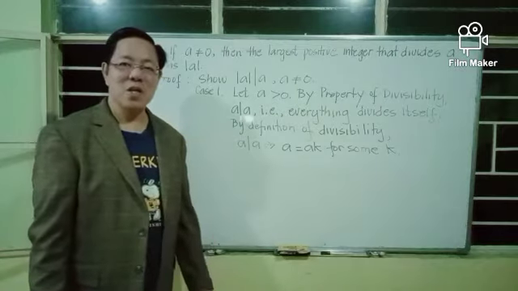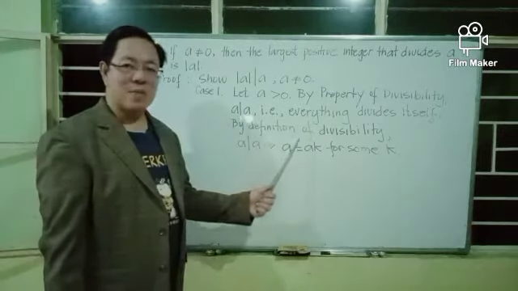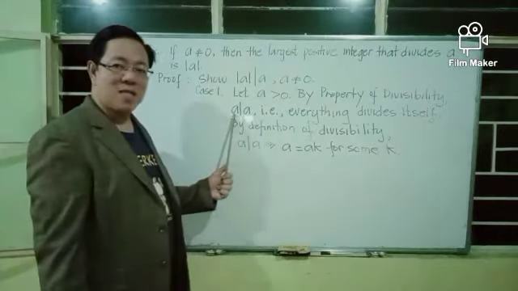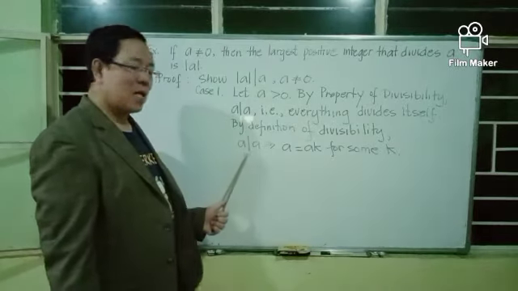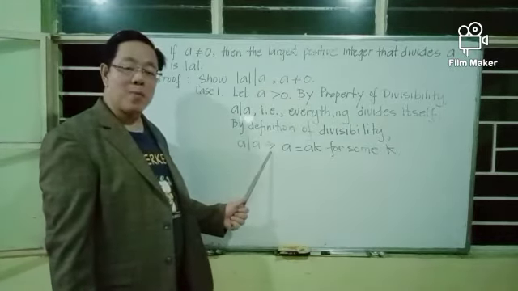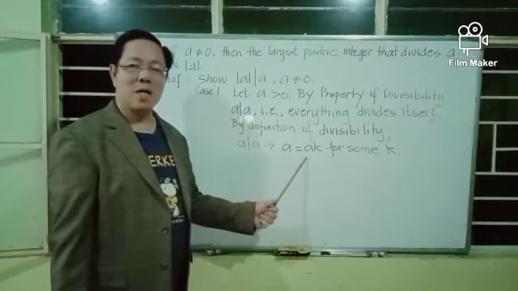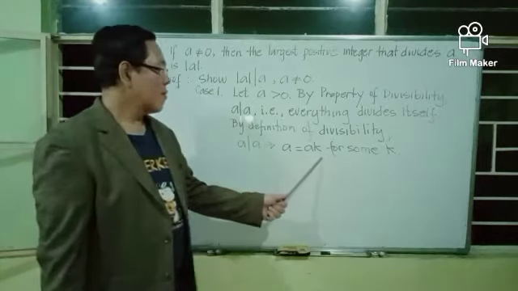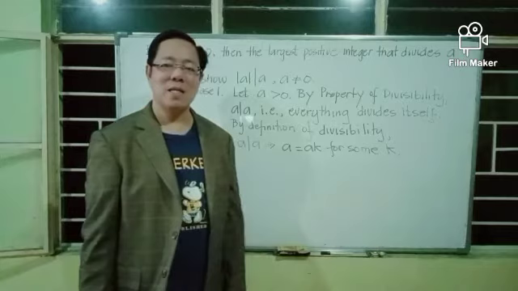By definition of divisibility, a divides a means that a is equal to a multiplied by k for some k where k is an integer.